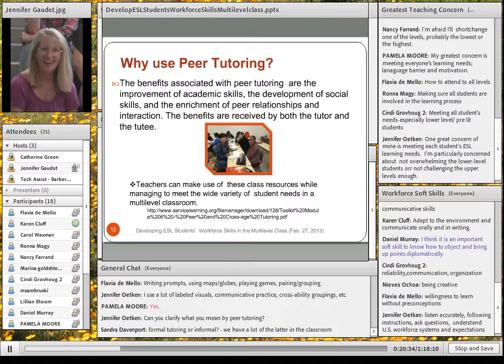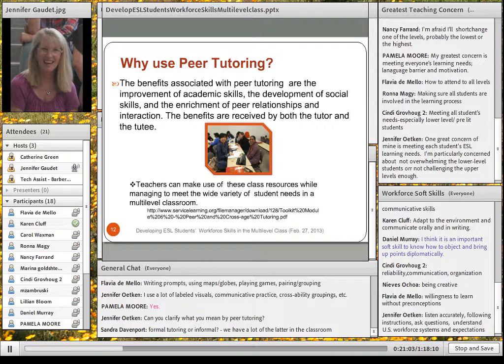Most definitely. And it's another way to help us as the teacher to make use of our classroom resources while managing to meet the wide variety of student needs in the multi-level classroom. And many of you up in our greatest teaching concerns said that one of your greatest concerns is to meet the needs of a variety of students at a lot of different levels. So this is one way you can do it.